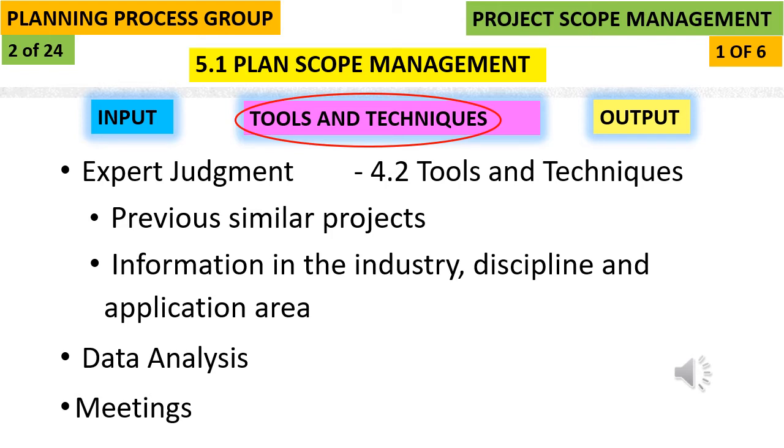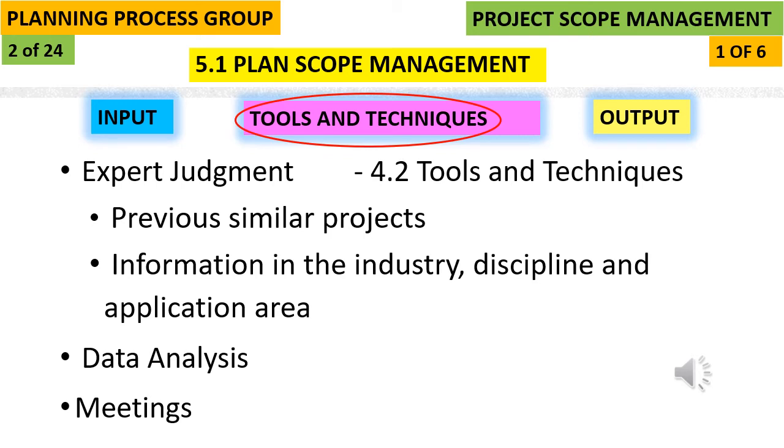The subject matter expert should have enough knowledge and wisdom with respect to previous similar projects, some kind of experience with similar projects during earlier times. And second, he should have sufficient information about the industry, the discipline, and the application area of the project.